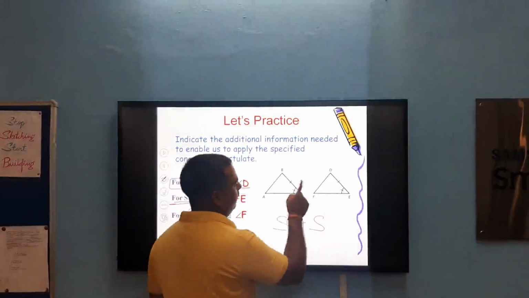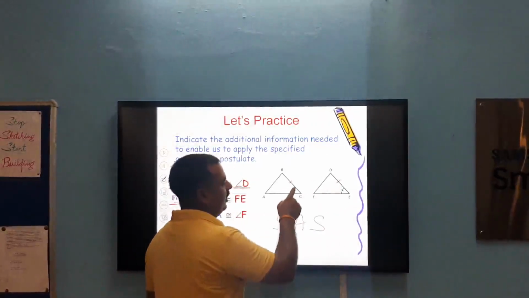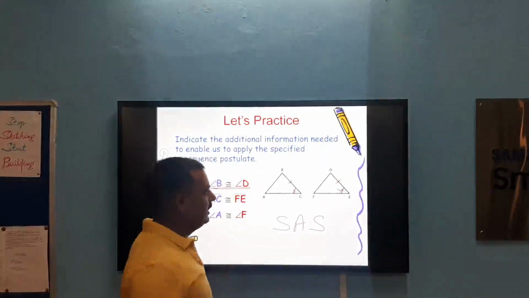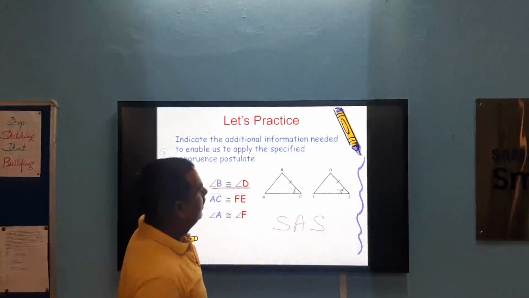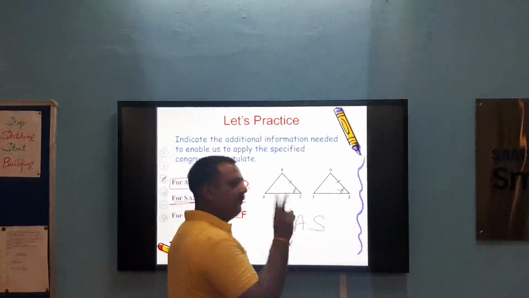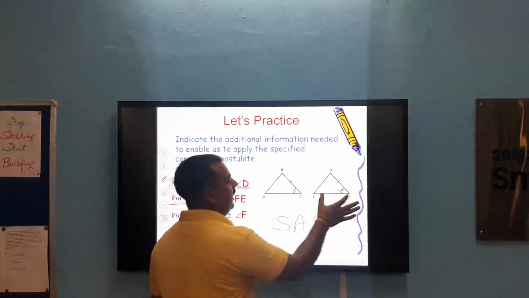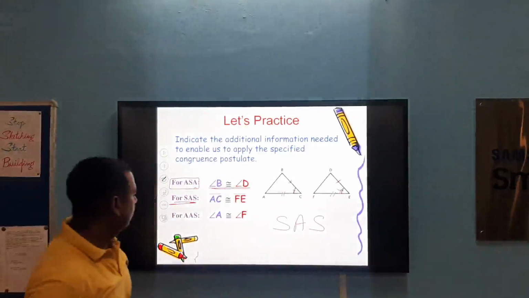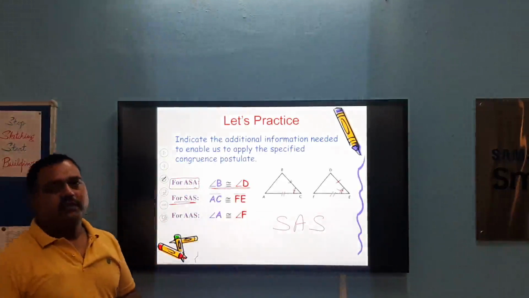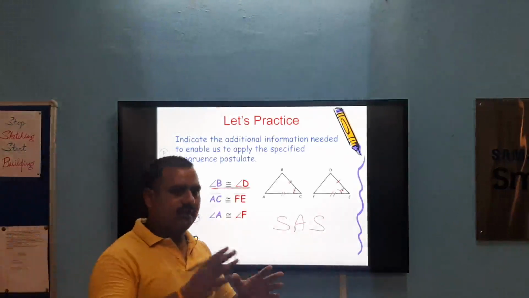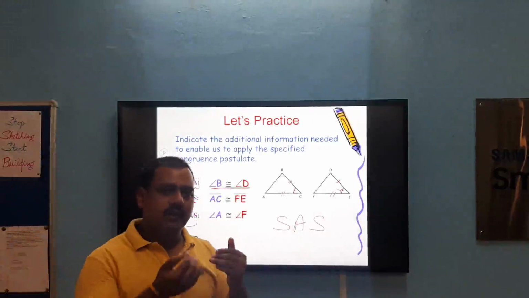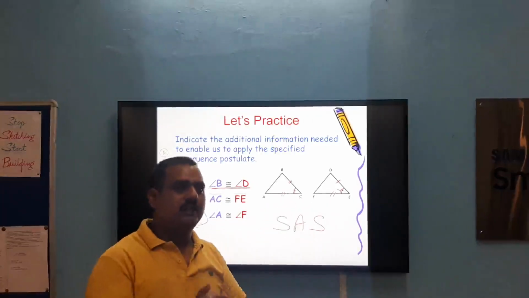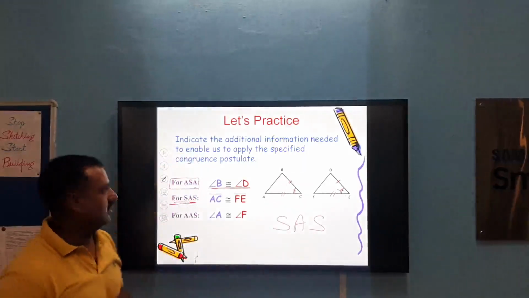Here one side BC is equal to DE, angle C is equal to angle E. Now this angle must be included between two sides, so another pair of sides is AC side equal to FC. In this way, if we know the criteria and we know that two triangles are congruent and we have some equal parts and some missing parts, then we can find the missing equal parts also.